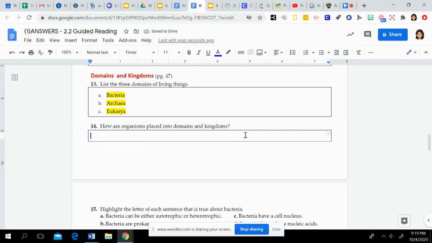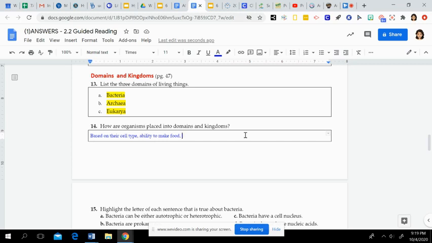Our next question you needed to identify was how are organisms placed into these domains and kingdoms, and our text states that it's based on their cell type, so whether they're unicellular or multicellular, their ability to make food. If you remember, that would be autotroph or heterotroph. So autotroph being that they can make their own food, or heterotroph, meaning that they have to consume other organisms to obtain energy and food.